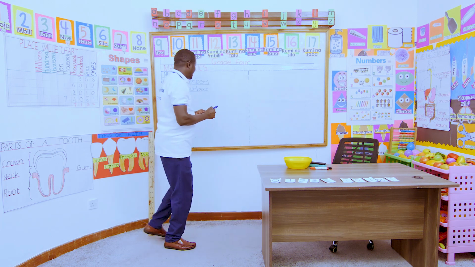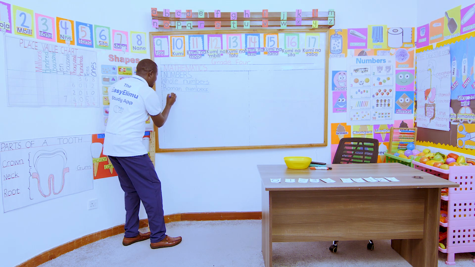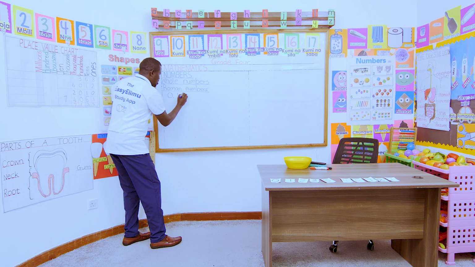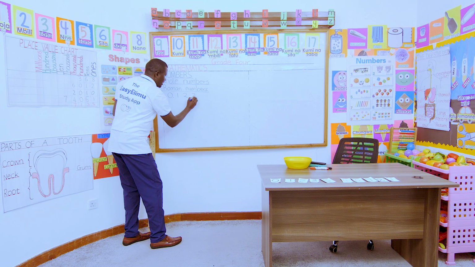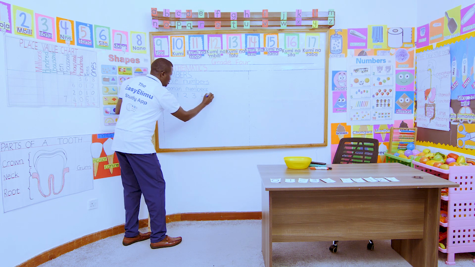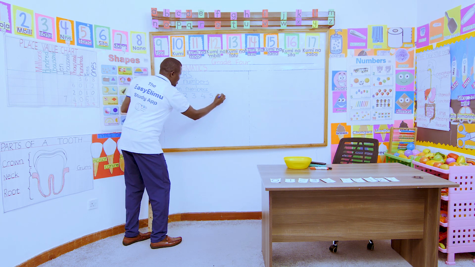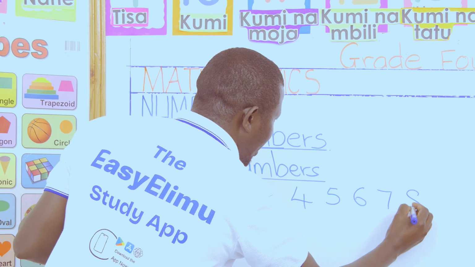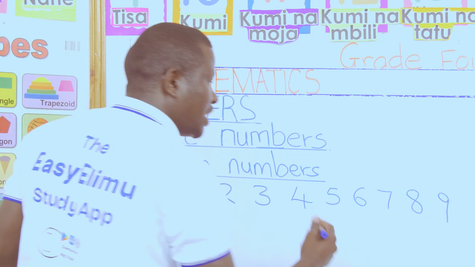I will repeat. These numbers are 0, 1, 2, 3, 4, 5, 6, 7, 8, 9, and they continue.